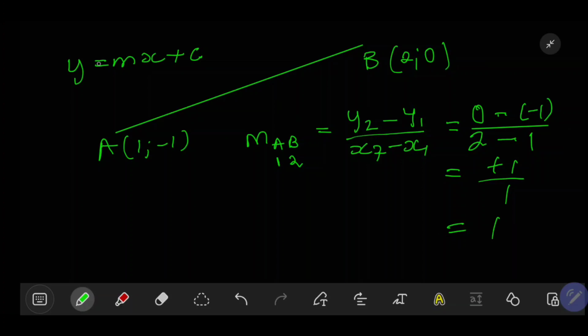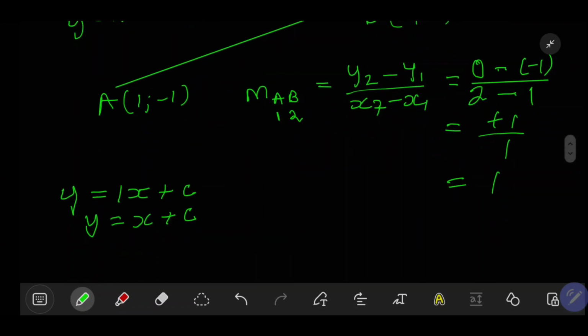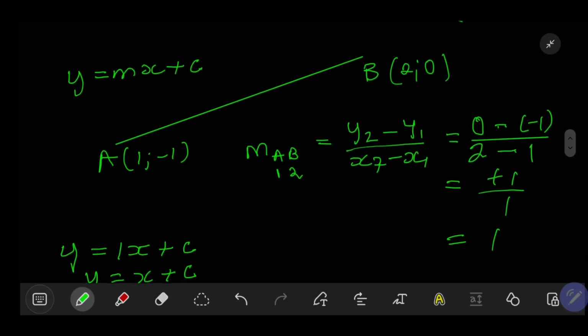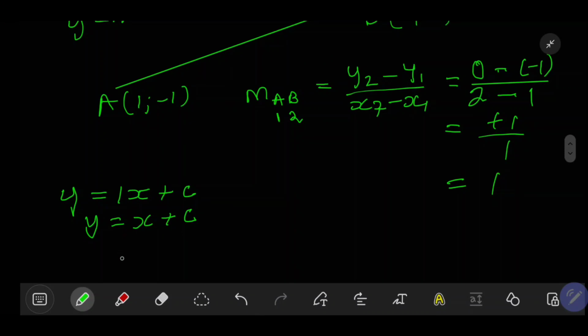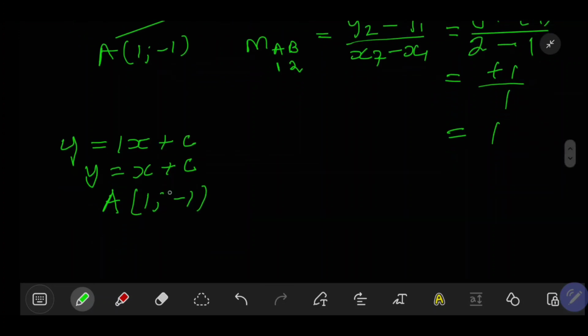We substitute the gradient into the equation, so we have y equals 1x plus c, or y equals x plus c. To obtain the c value, or the constant, we substitute any point given on the graph. In this case, we can take point A, (1; -1), where 1 is the x value and -1 is the y value.